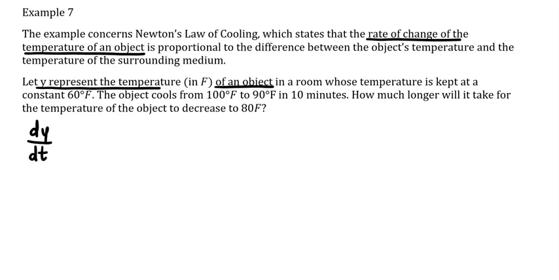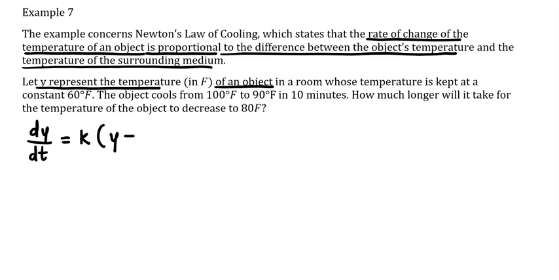So there's the rate of change of the temperature of the object, is proportional to, with constant of proportionality k, the difference between the object's temperature y minus the temperature of the surrounding medium. The temperature of the surrounding medium is the 60-degree room that it is kept in. So now we have our differential equation.